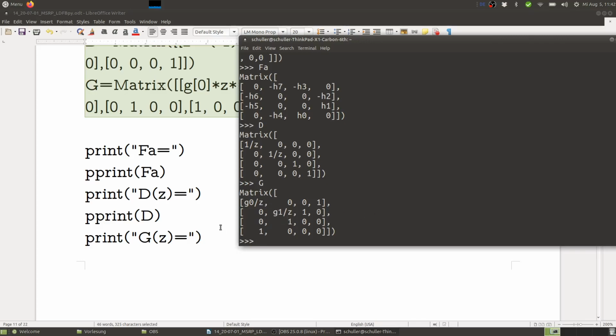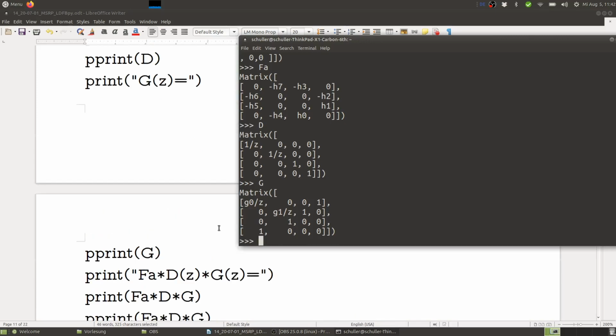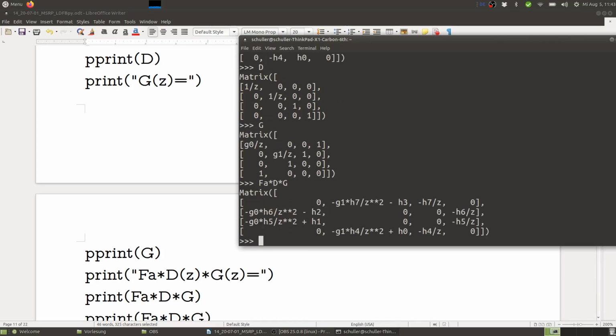Right. So now we can look at the product. FA times D times G, right? So this is what we get now. And here you can see we have higher order polynomials indeed.